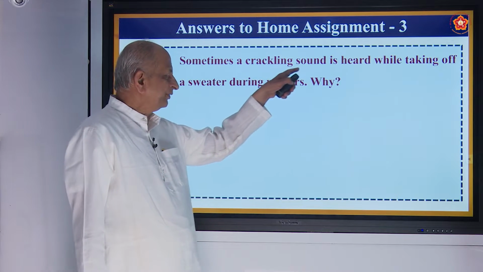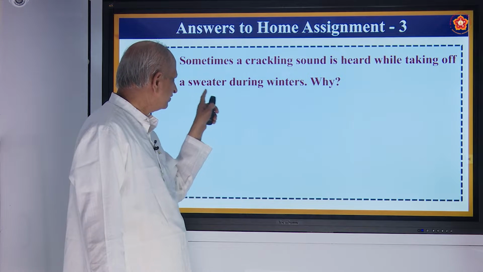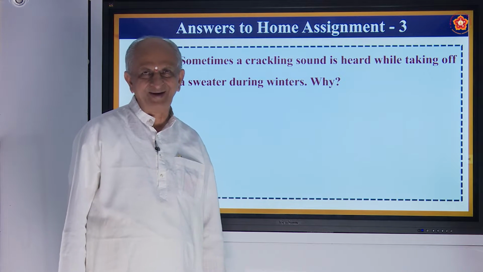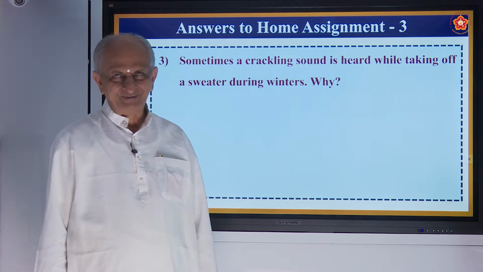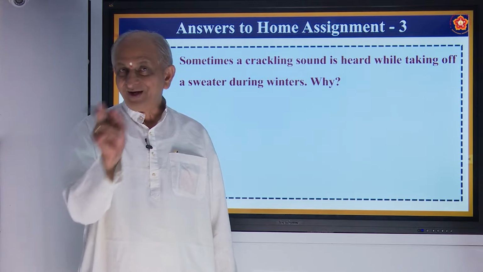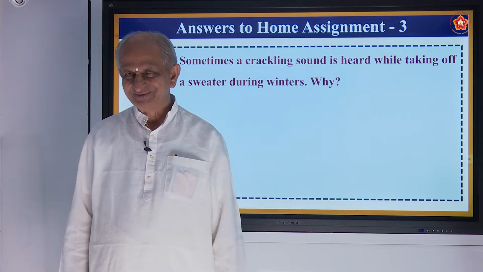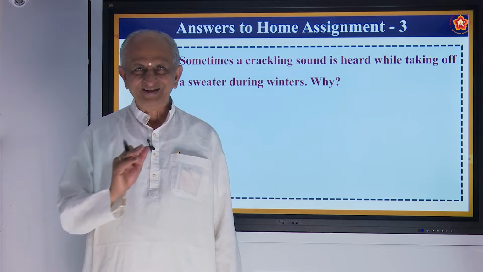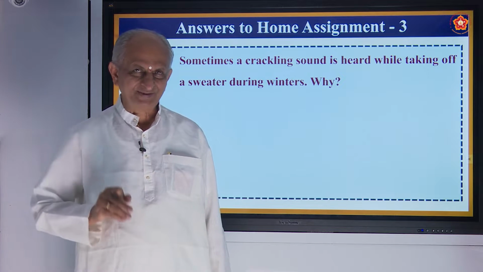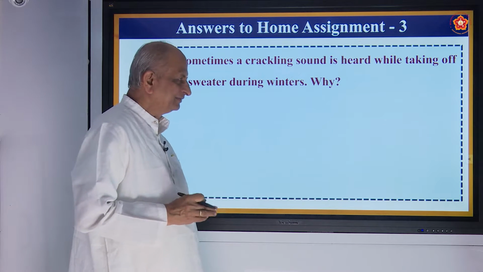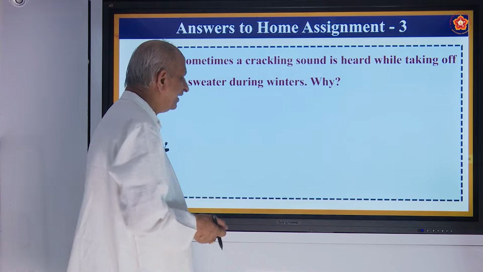Sometimes a crackling sound is heard while taking off the sweater during winters. Why? Have you experienced it? Yeah, some have. Correct? But not all shirts, please note. Only those charged shirts, not cotton shirts, like terylene, nylon, and even sweaters.